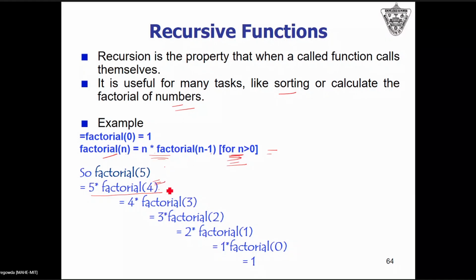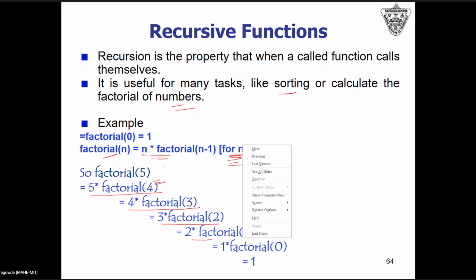Then the function calculates 4 into factorial of 3, since 4 minus 1 means 3. Again you invoke the factorial function. In the third iteration, you multiply 3 with the return value of factorial with argument 2. Similarly, the fourth time you multiply 2 and invoke the factorial function with the value 1 here.